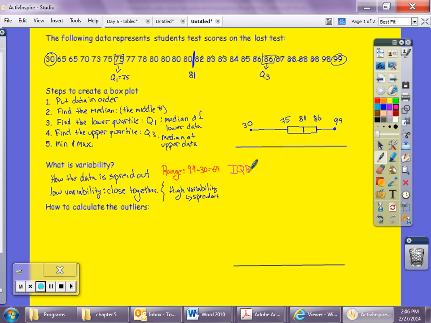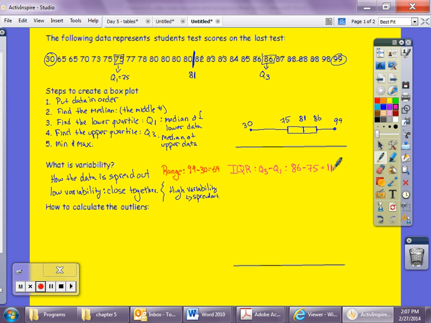So interquartile range is Q3 minus Q1, which is going to be 86 minus 75, which will give us 11. So we have an interquartile range of 11.